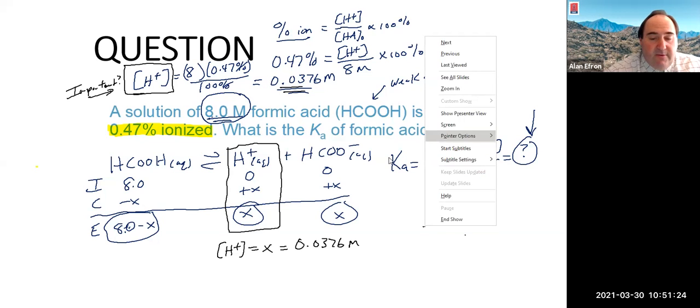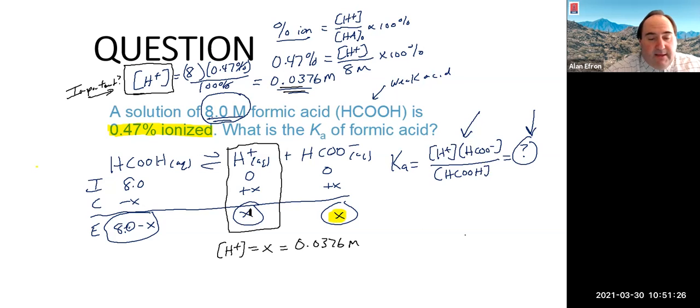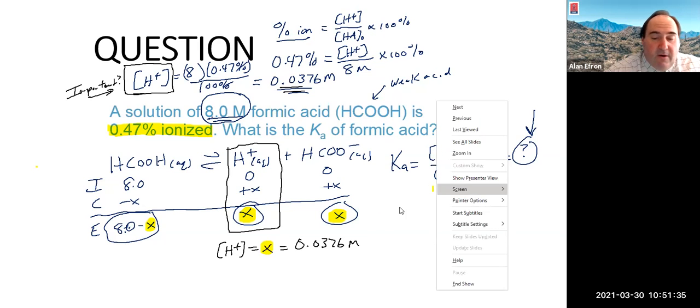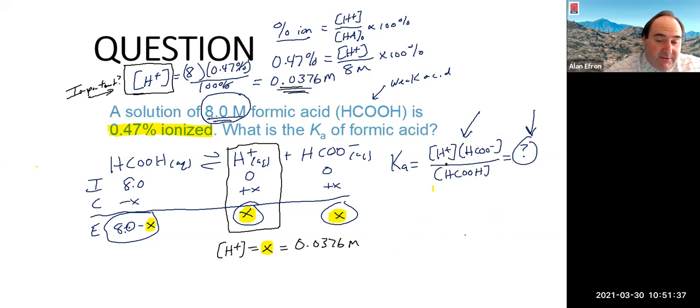That X value is this X value, that X value is this X value, and that X value is there. So now we pretty much have all the numbers we need to actually calculate our Ka.